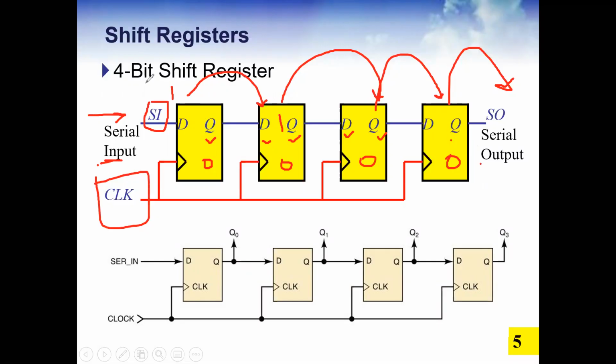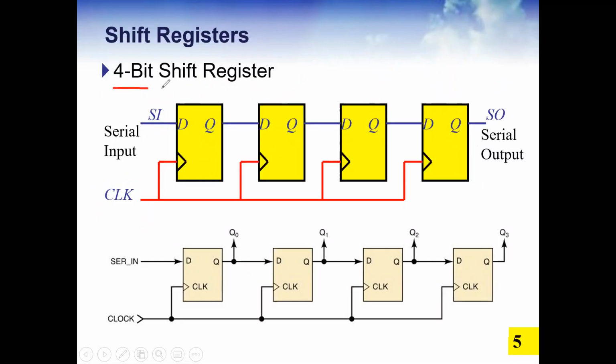Here we have an example of a 4-bit shift register, which can store 4 bits at a time and shift with every clock. This is a serial in, serial out shift register, because we get the output serially, bit by bit.